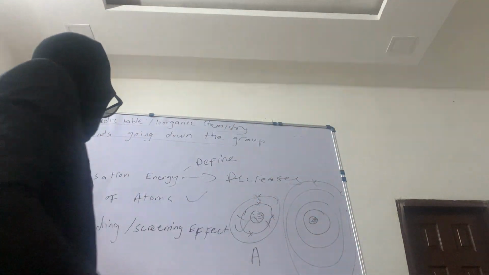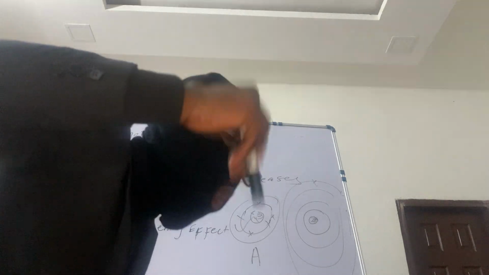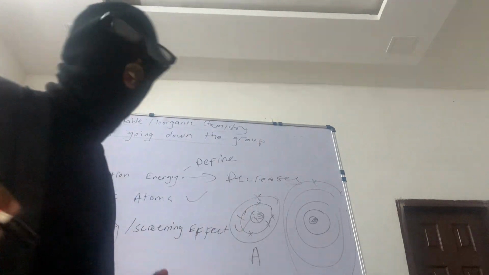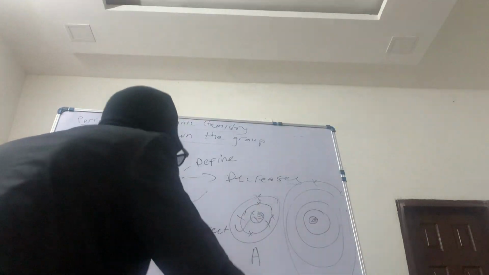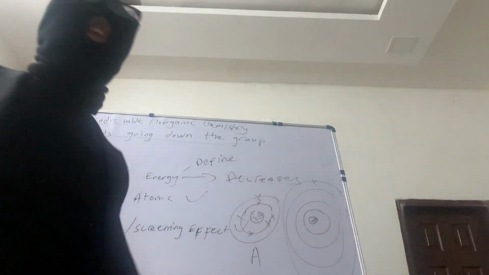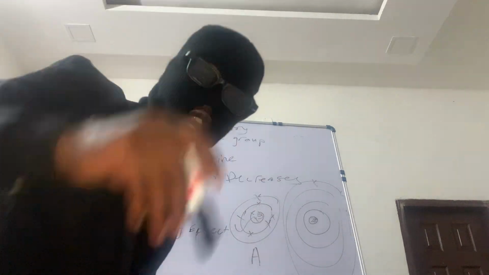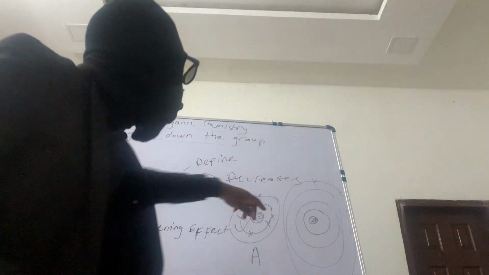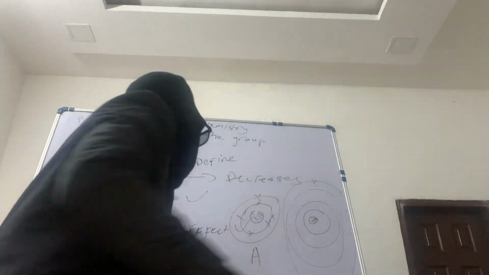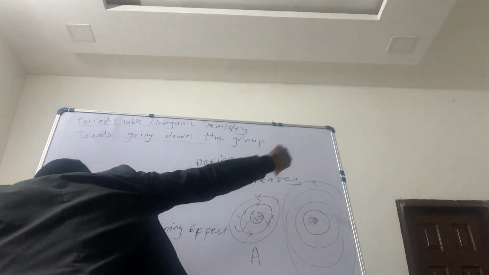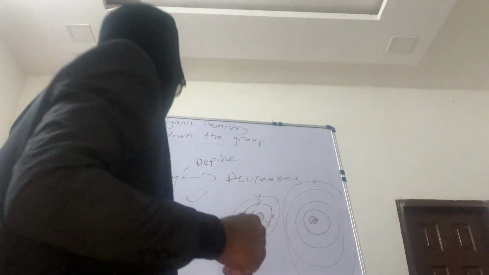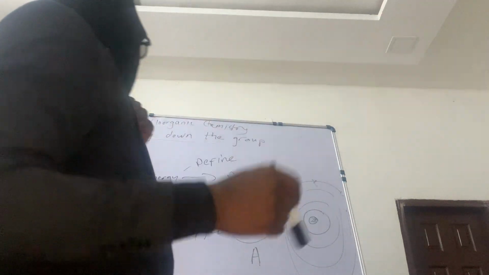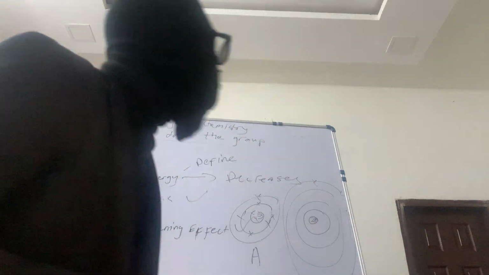Yes. So, as we go down the group, the number of electrons is going to increase. And when the number of electrons has increased, there is going to be an increase in the repulsive force which these inner electrons exert on the valence shell electrons. And when that happens, the ionization energy is going to decrease.